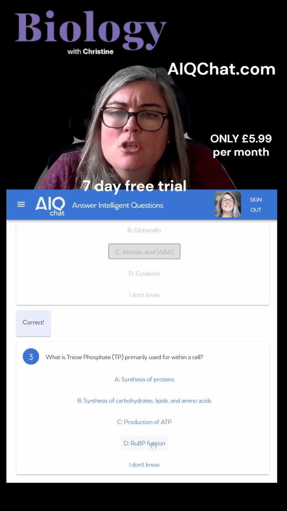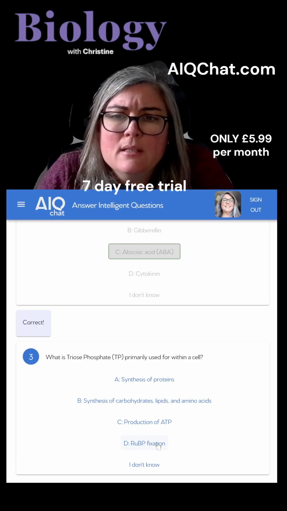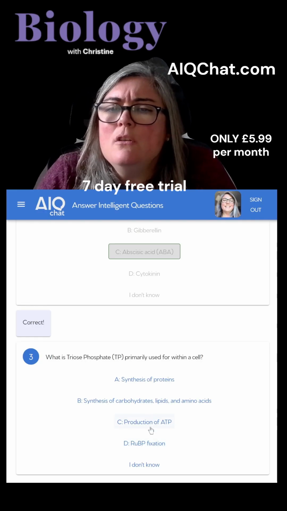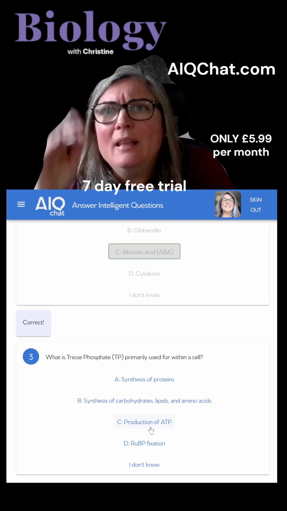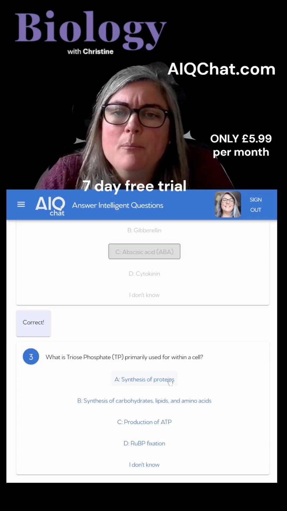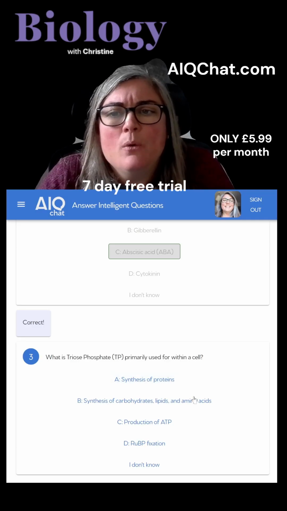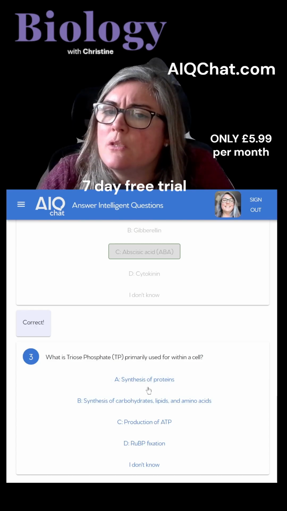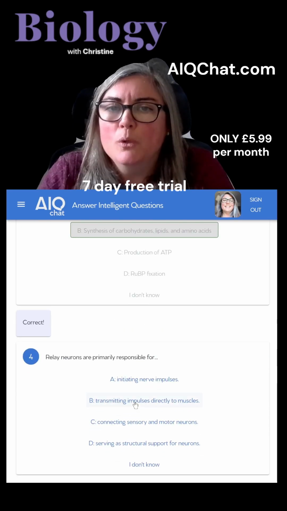RuBP fixation, isn't that carbon dioxide? So it would be carbon dioxide that would be used for RuBP fixation. Production of ATP, well, that's the light dependent reaction. Synthesis of proteins, well, to make proteins, I need amino acids. Amino acids can be produced from triose phosphate. So I think it's B. Oh, look at that. I've got it right.